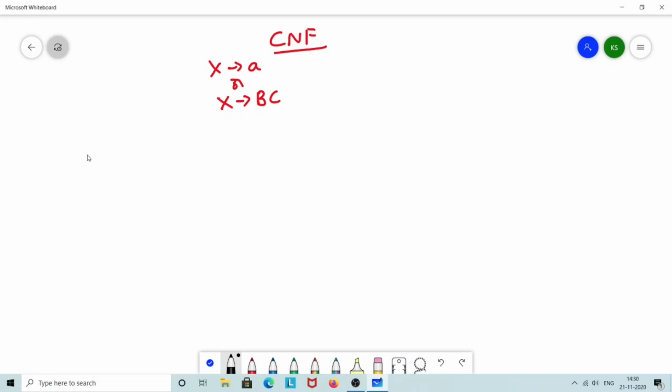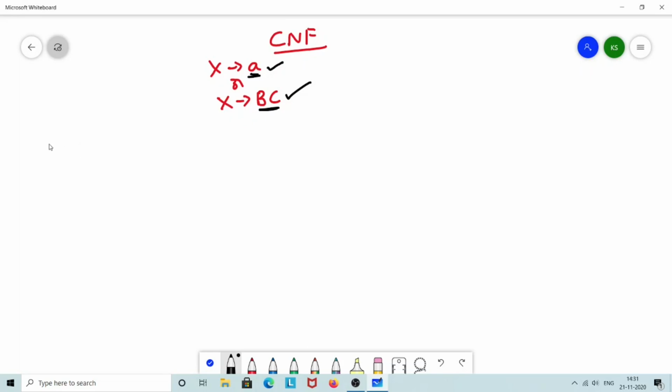Now let us see the various steps that need to be considered to convert any context-free grammar to Chomsky normal form. Chomsky normal form requires the rules of the grammar to be in this way: either it should give a single terminal or it should give two non-terminals. So this is the only accepted rule format for Chomsky normal form.